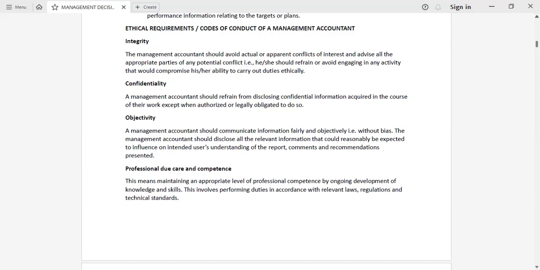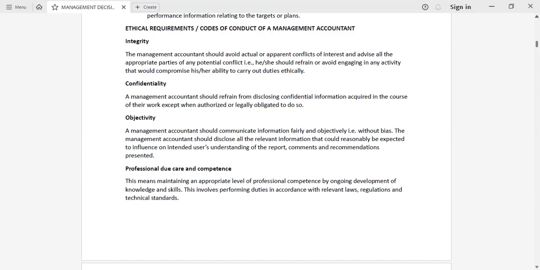So here I want to see how management accountants behave when they are executing their roles and responsibilities. These codes of conduct for the management accountant are not of any difference from those of other professionals like doctors, lawyers, auditors, tax accountants, teachers, and all that.